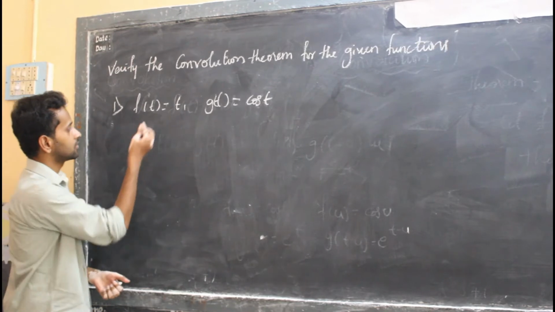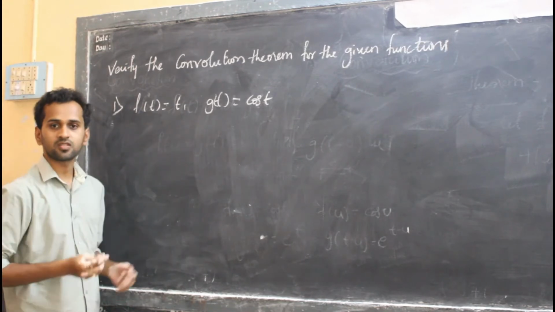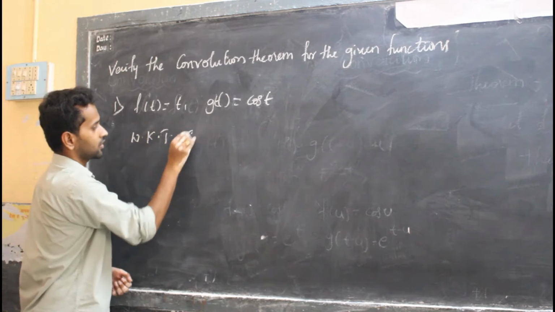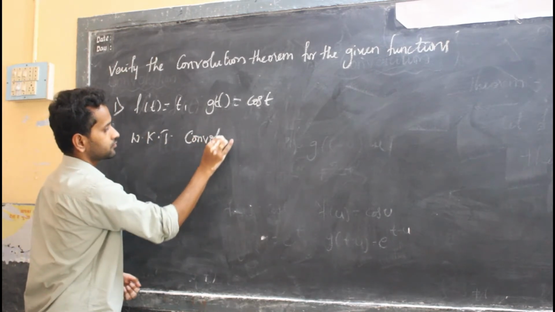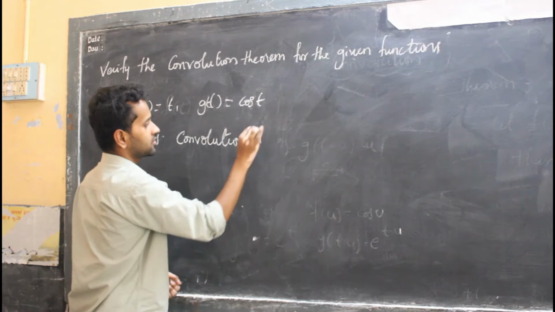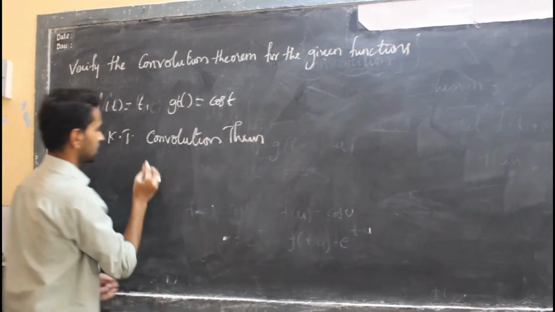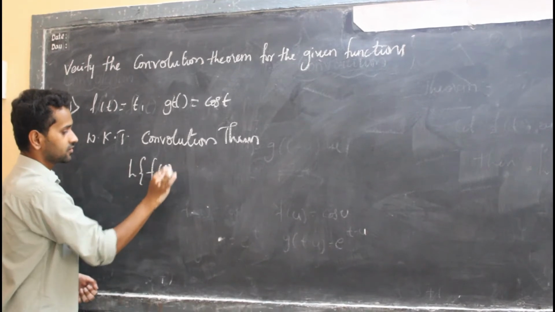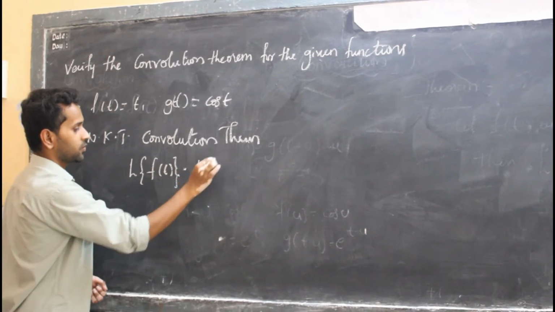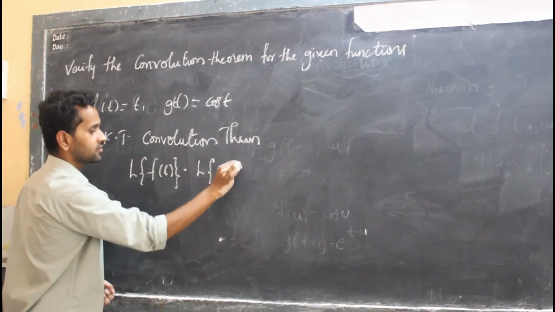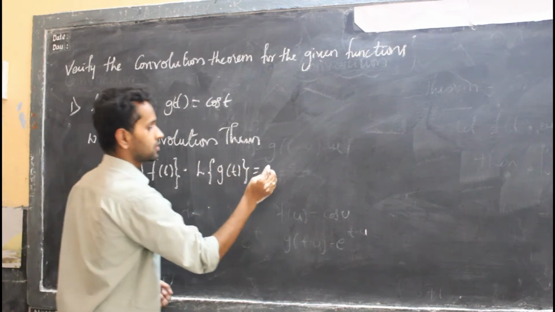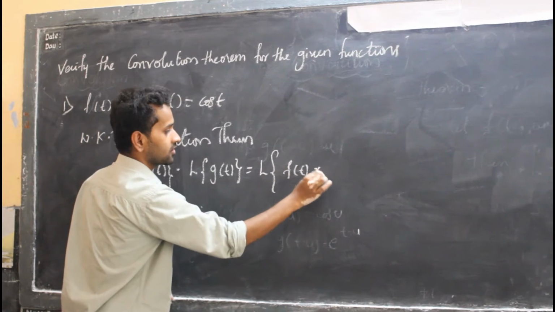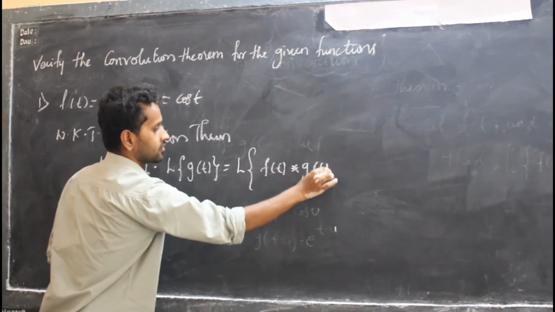First, write what the convolution theorem says. We know that the convolution theorem says the Laplace transform of f(t) into the Laplace transform of g(t) equals the Laplace transform of f(t) star g(t).